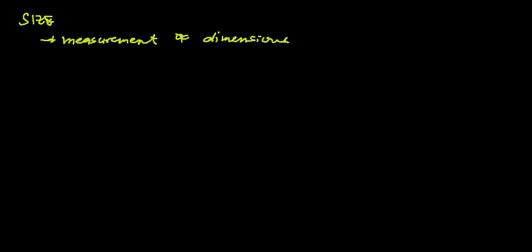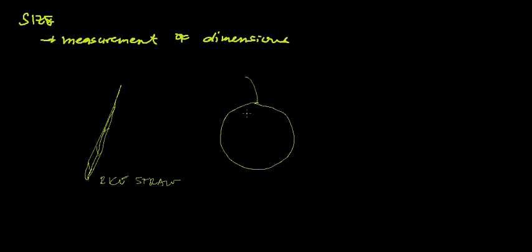Let's have some examples of our AB materials here. Say this is a rice straw, and say we have a fruit, like this watermelon.